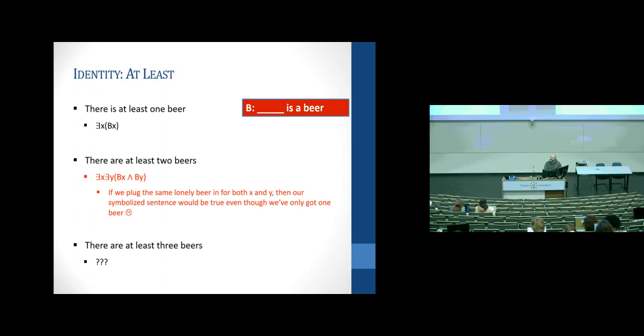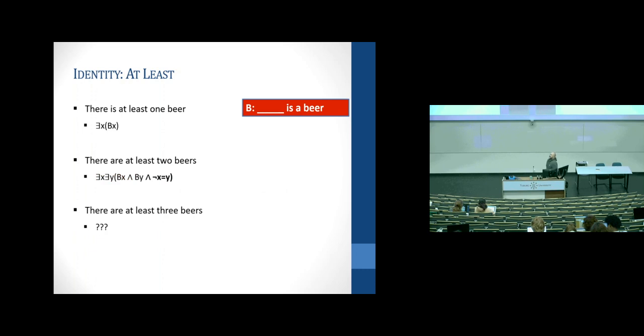That would be very unfortunate. Instead, what we do is we add a clause. We say, hey, and it's not the case that x is identical to y. And what this clause does is it guarantees the crane that's x and the crane that's y have to have grabbed two different objects. Because if they grabbed the same thing, then this clause is false.